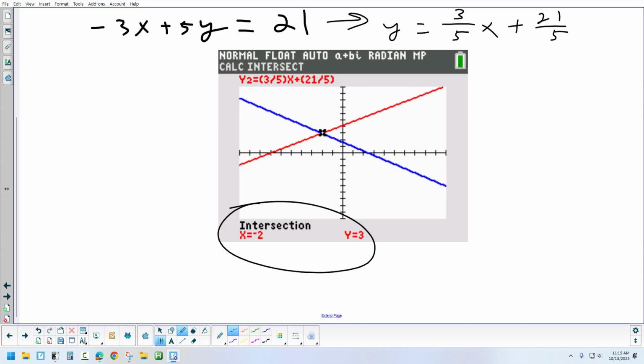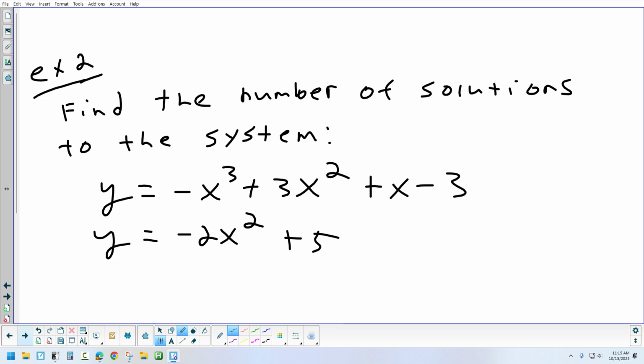Any questions on that one? Okay, so that's linear. Now, let's think about these 2 polynomials. How many times can the top polynomial turn at most? 3. It can cross the axis 3 times, but it can turn twice.